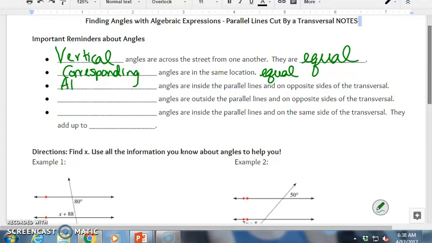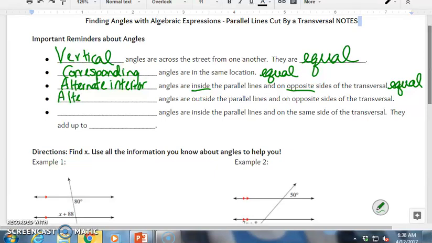Alternate interior angles are inside the parallel lines on opposite sides. So alternate goes with opposite, interior goes with inside, and they are equal to each other.